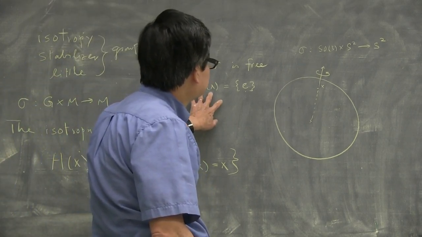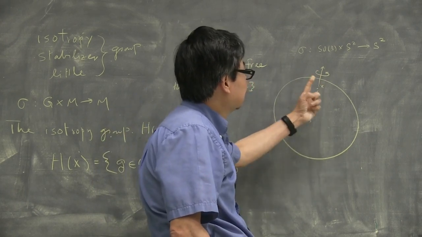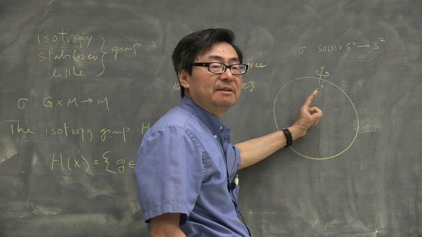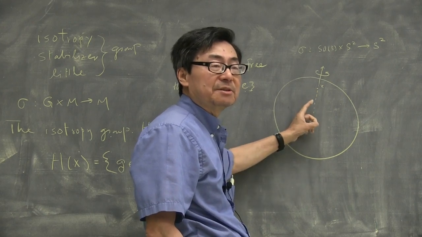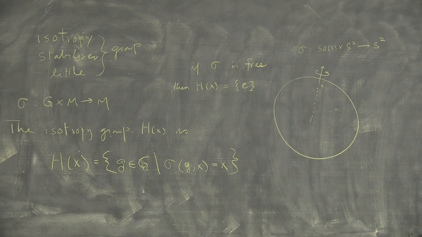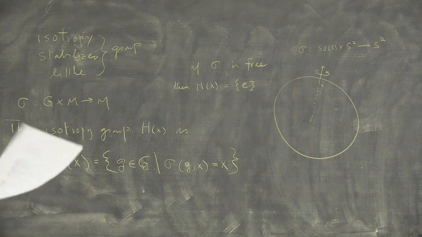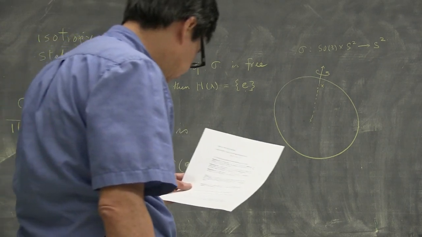But this thing, in principle, can consist of many, many different rotations. Out of those, there's only one identity, and that is the only one that does not change this, okay? So if the group action is free, then any little group with respect to any point must be just the trivial group, which just consists of the identity itself. Now, this fact is sometimes useful, okay?